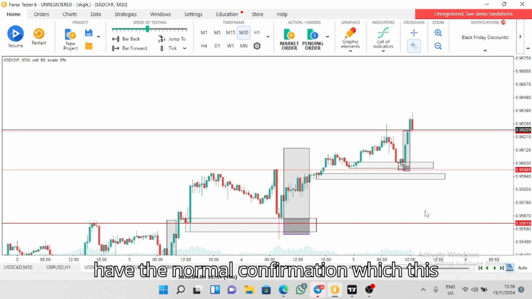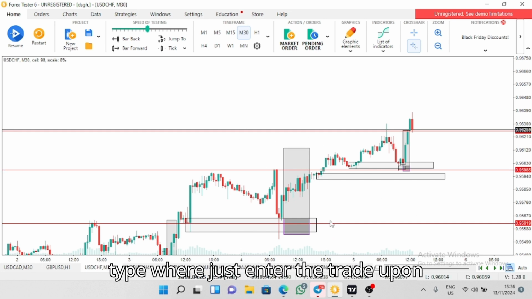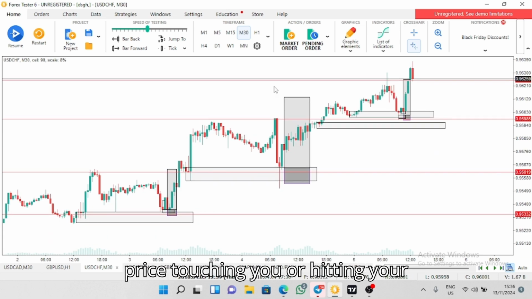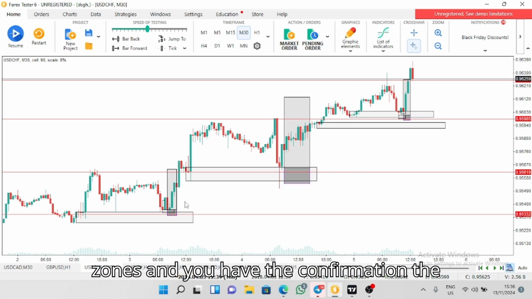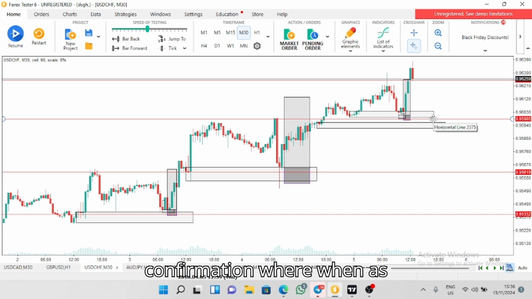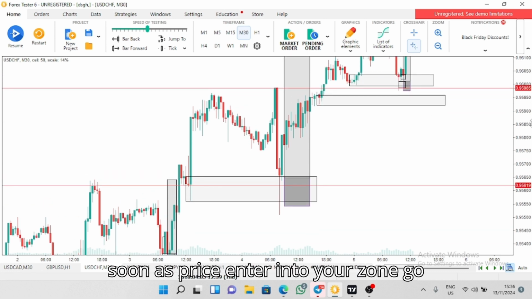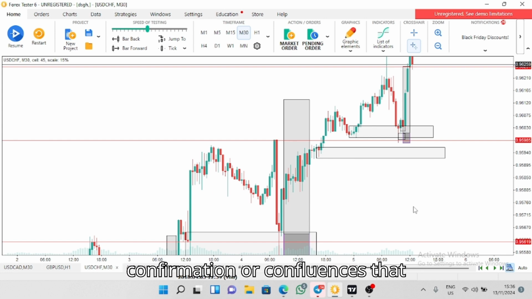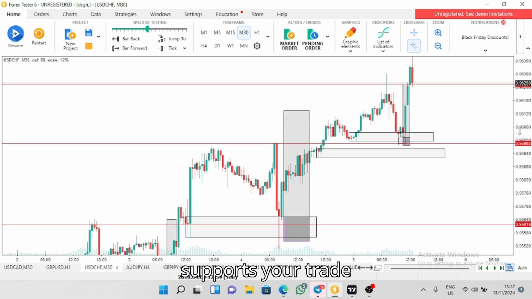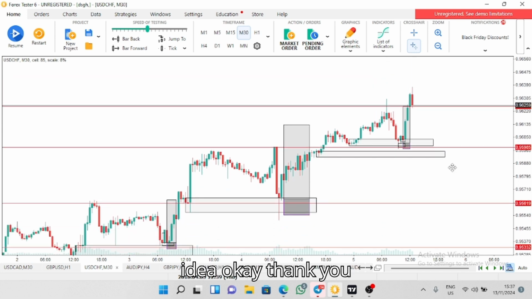We have the normal confirmation where you just enter the trade upon price touching your well defined zones, and we have the confirmation where, as soon as price enters your zone, you go down to the smaller time frames and look for confirmation or confluences that support your trade idea.